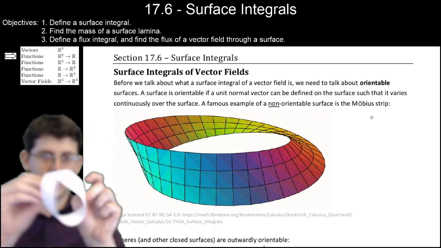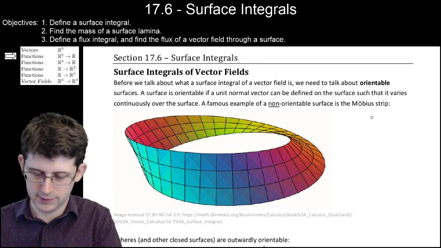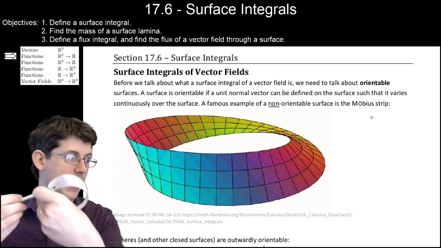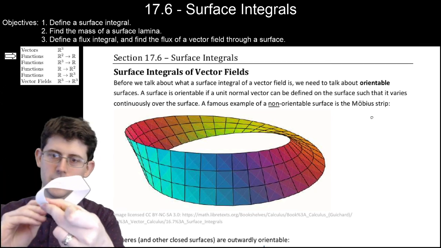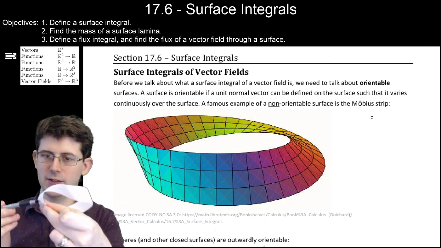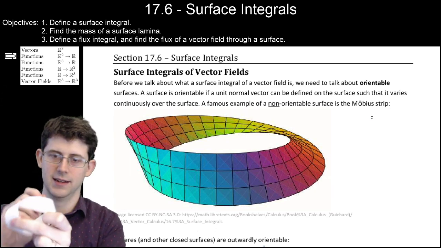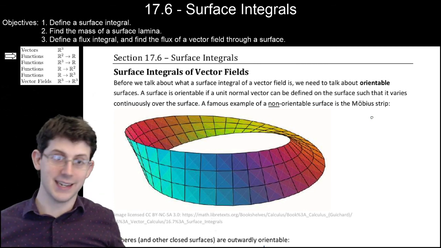If you start walking on it, if you draw the beginning of a path on the Möbius strip, what will happen is that you will cover the entire thing, including what you previously thought of as the other side. So a Möbius strip is kind of like a screwed up surface. It's not orientable.